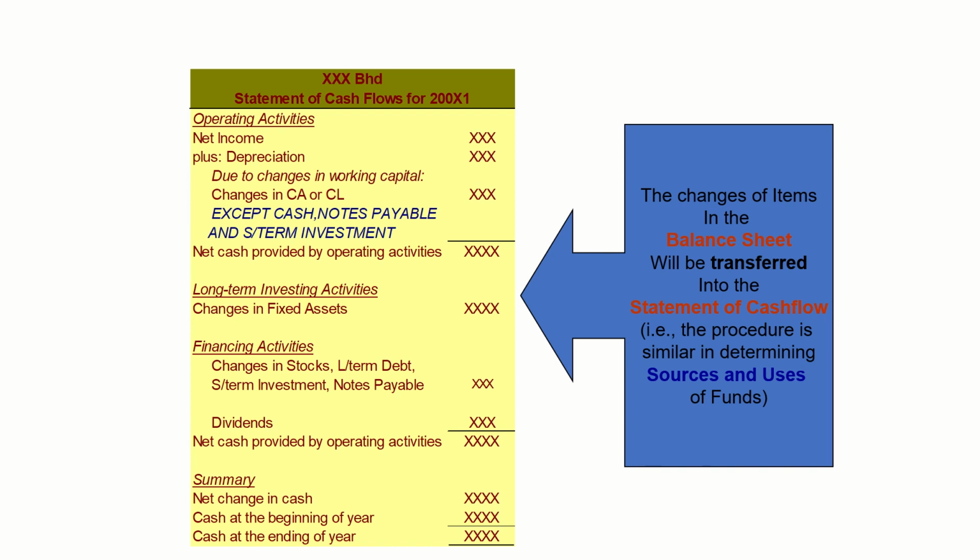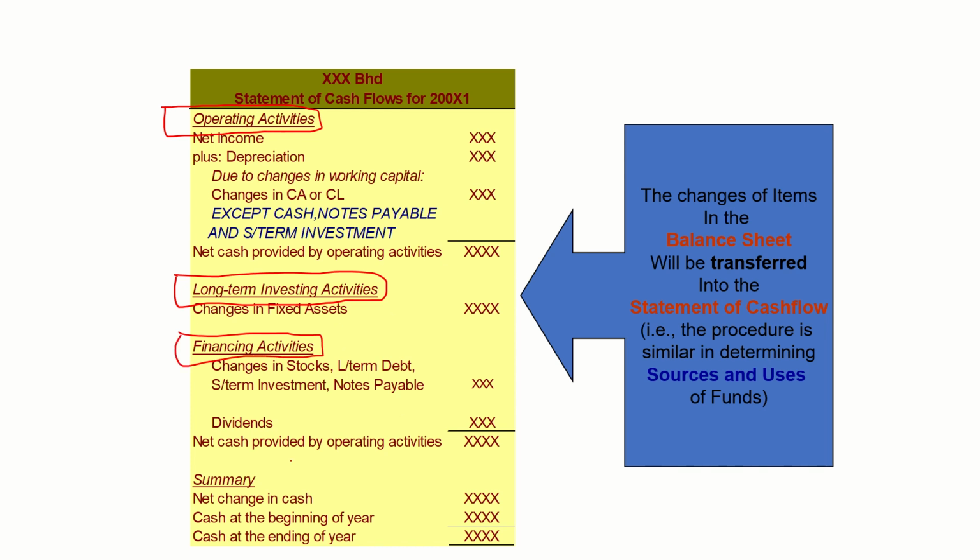So for this, students need to understand what the cash flow statement is, and what the main items are that need to be put in the cash flow statement, which means it's divided into three big items: operating activities, investing activities, and financing activities.